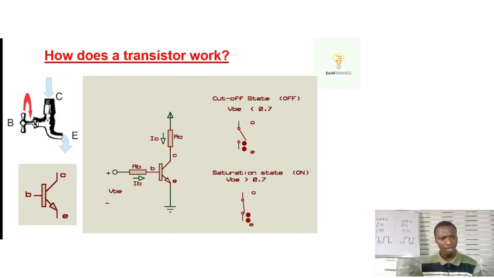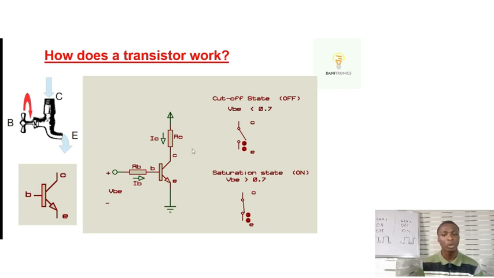I'm going to explain the NPN now, but just know that they are almost the same. The only difference is that whatever condition turns on the NPN, that same condition turns off the PNP, and whatever condition turns off the NPN, that same condition turns on the PNP. So they work in opposite ways. But once you understand this, understanding the PNP will not be much of a problem.